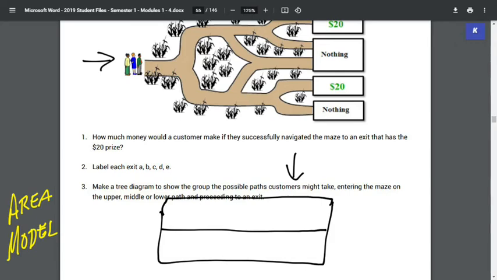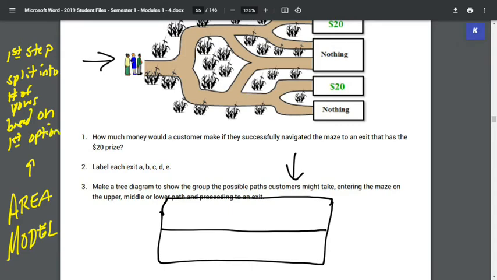So the first move with an area model, so your first step is we split into the number of rows based on the first option.